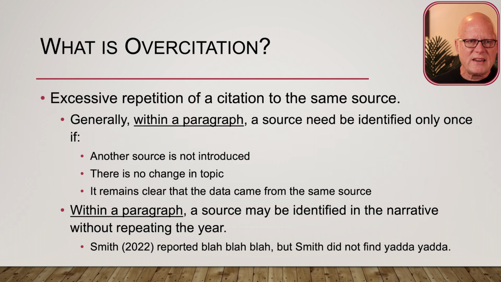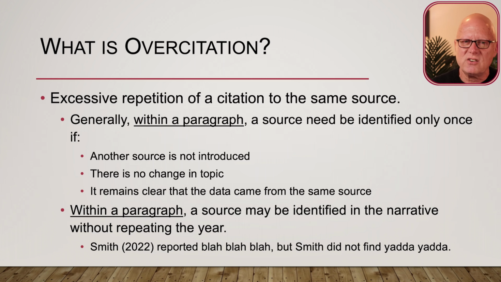Also, within a paragraph, it's possible to identify the source of data without including the year of publication. For example, Smith (2022) reported blah, blah, blah. But Smith did not find yada, yada, yada.